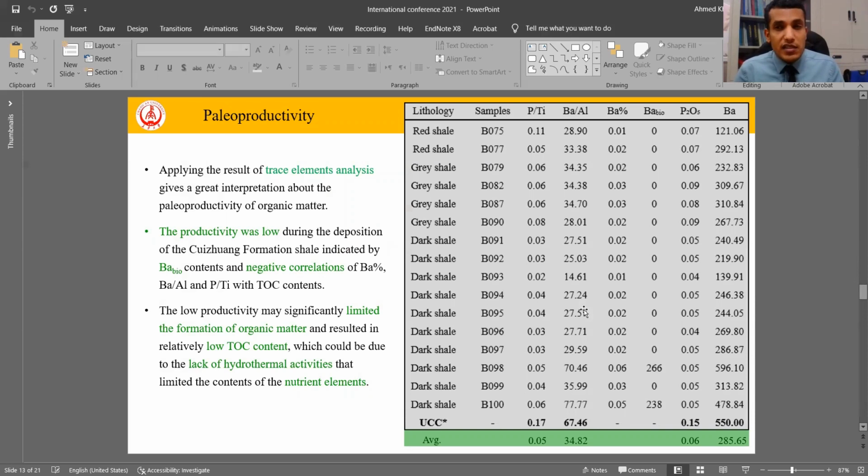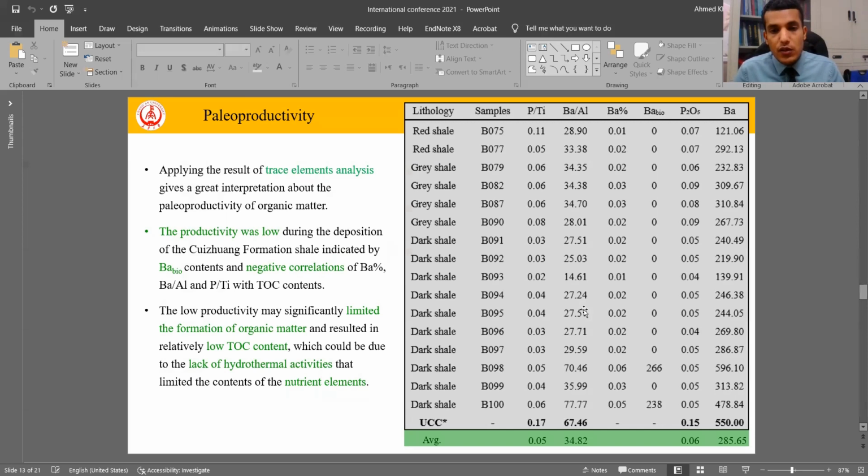Paleoproductivity is the most important factor that can enrich the organic matter accumulation of the source rocks. We use some nutrient elements, which can enrich the productivity, or cannot if the values are very low.